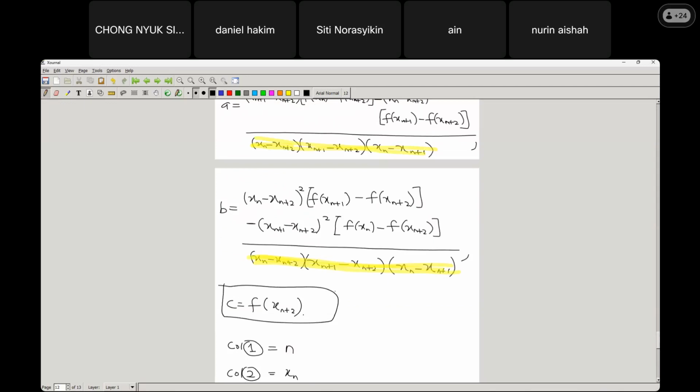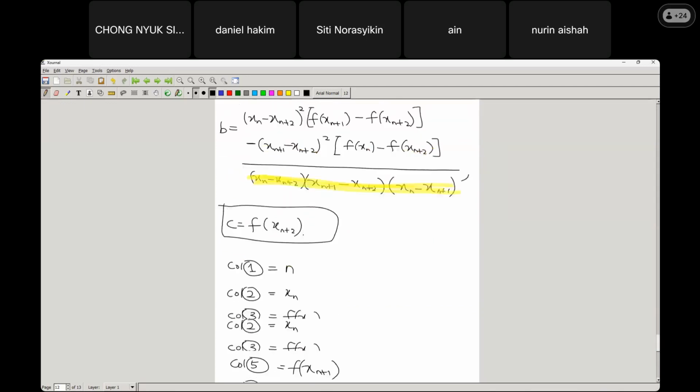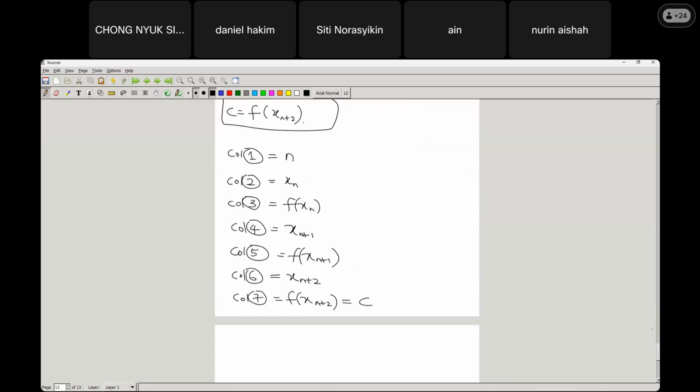So column 7, the value of f(xn plus 2), is equal to C. So you can write C equals f(xn plus 2). So I write it here. Column 8, I put an arrow so that you know what's happening.